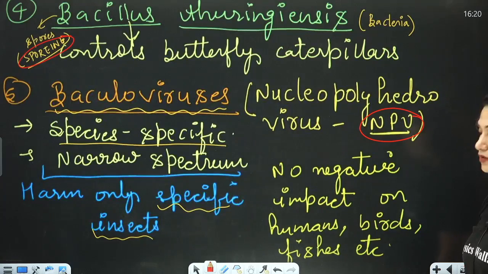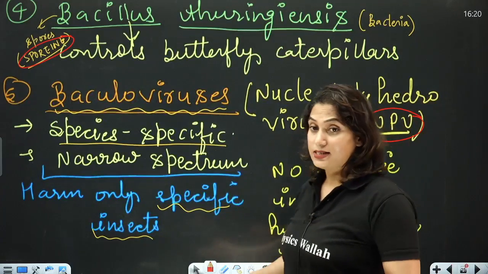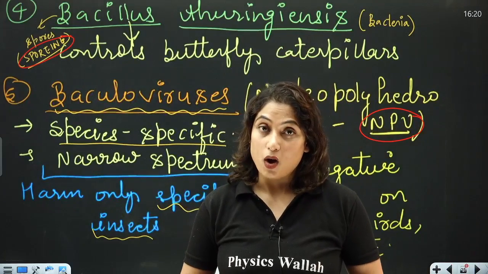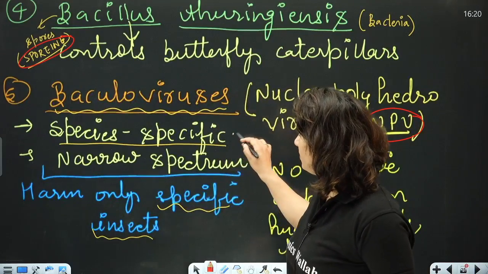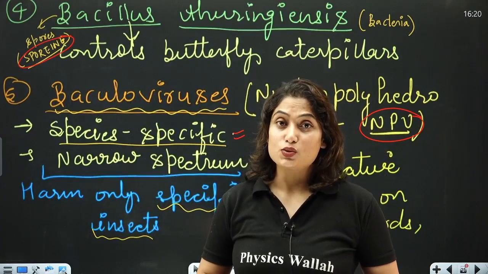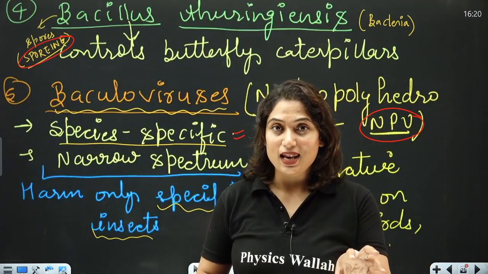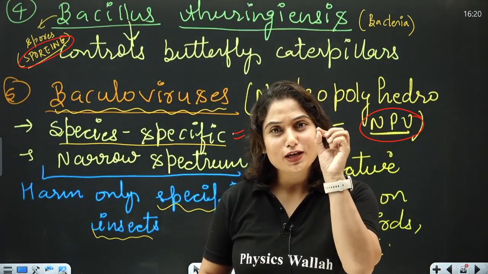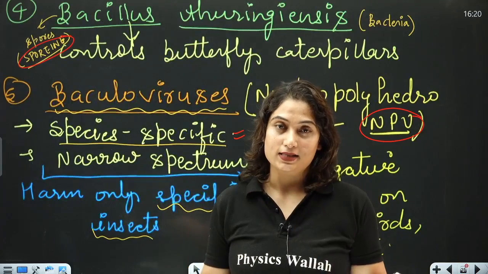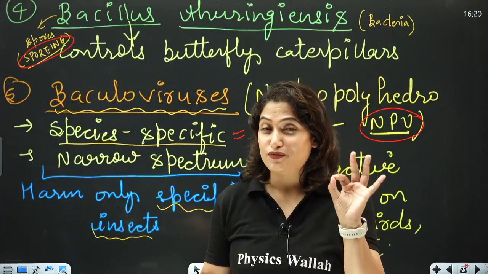These viruses are so useful to us. Why? Because they are species specific. That means these viruses kill only certain insects without harming any other organism. So they are very specific in doing their work.